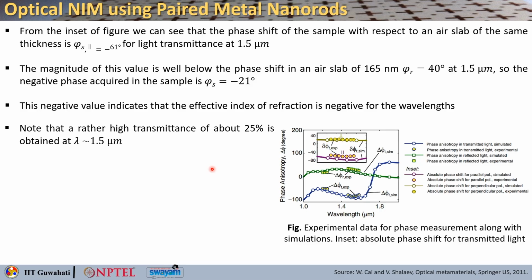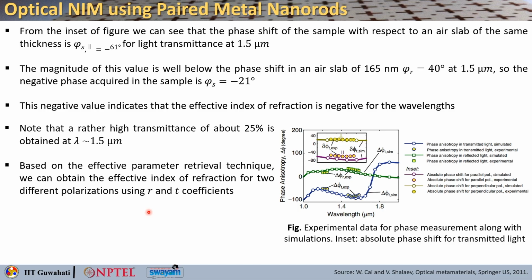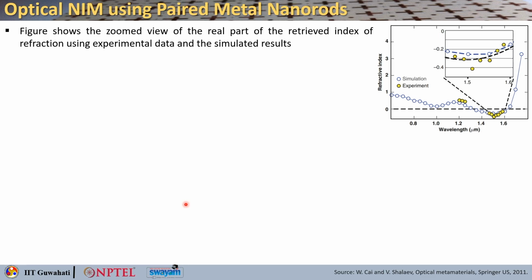Now you can see that a high transmission of about 25% is obtained for 1.5 micron. Based on the effective parameter retrieval technique, you can obtain the effective index of refraction for both polarizations from reflection and transmission coefficients, right.